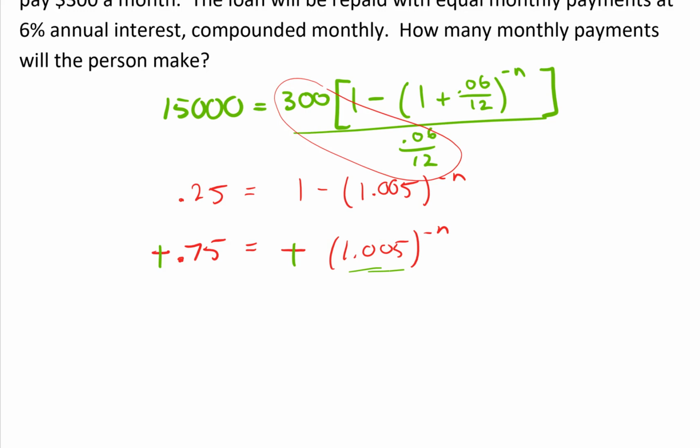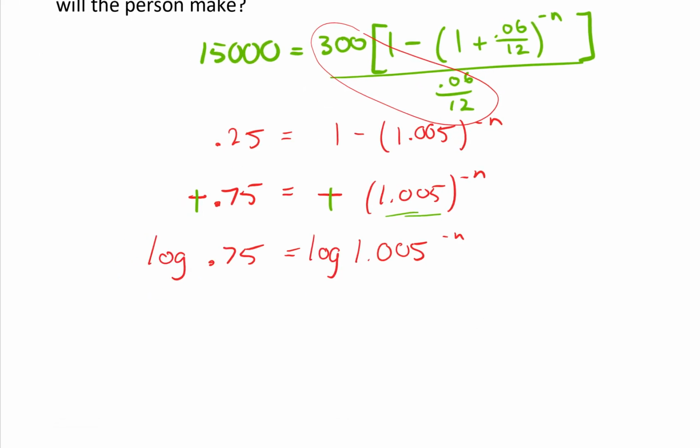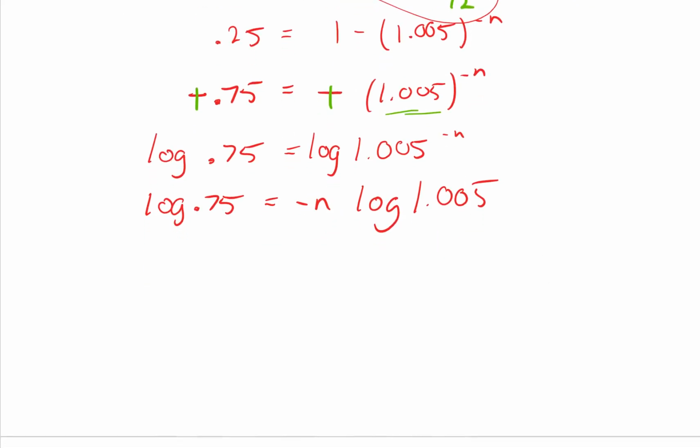Okay, so now I have 0.75 equals 1.005 to the negative n. Let's take the log of both sides. Okay, so then I'll have log of 0.75 equals negative n log of 1.005. Divide both sides by log 1.005.